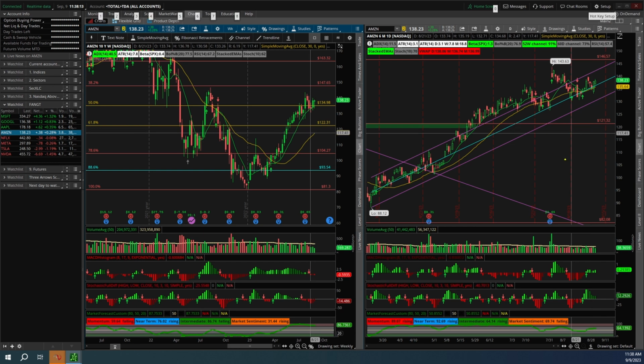Now the good thing on this Amazon is that we do have the intermediate market forecast going up, and then we do have a couple of green arrows moving to the upside right there. So I would say that this one is still bullish, but the setup is actually the break of this level up here on that candle.